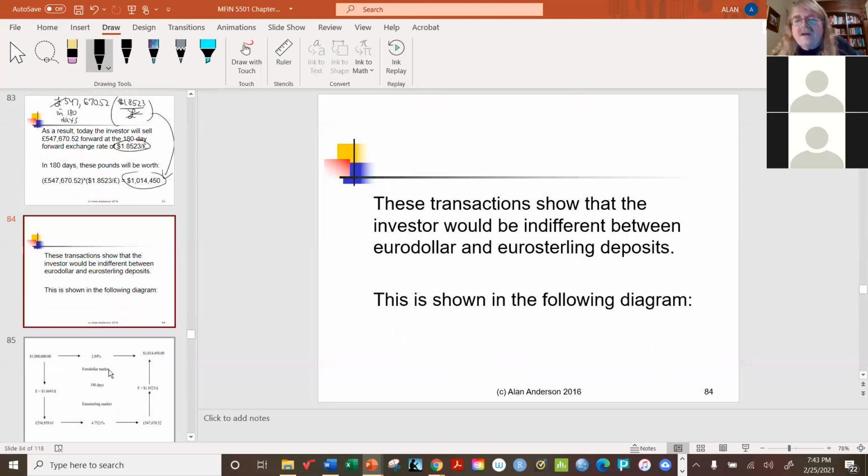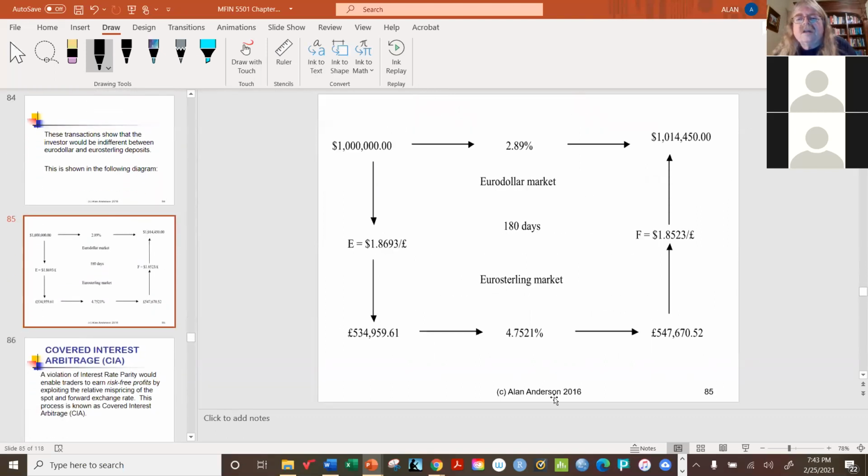So there's a graph here that we're going to use to help us with these types of situations, just to help us visualize what's going on. The top represents investing in the US, meaning a euro dollar account for 180 days at this rate. As you've already seen, we'll end up with 1,014,450.